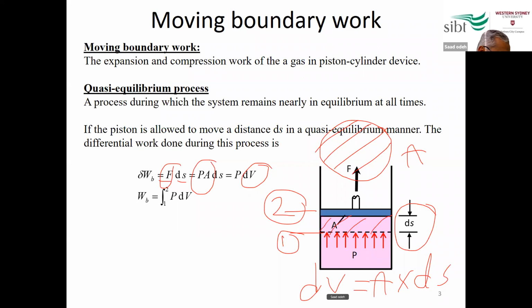I can use this in the equation of the work, and to find the total work, I simply integrate between 1 and 2. Integration between 1 and 2 gives me the work done, or moving boundary work. Okay, that's simple.